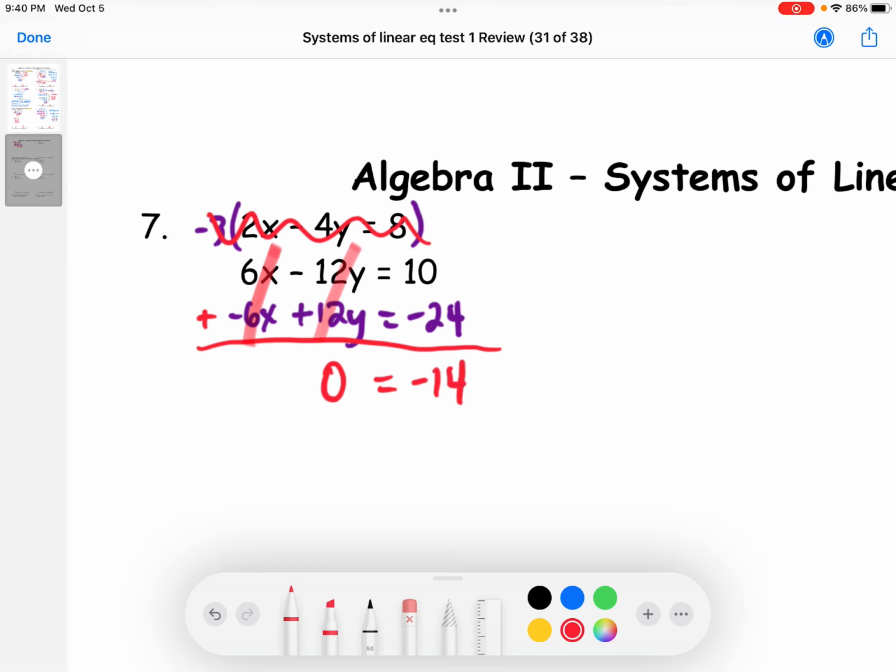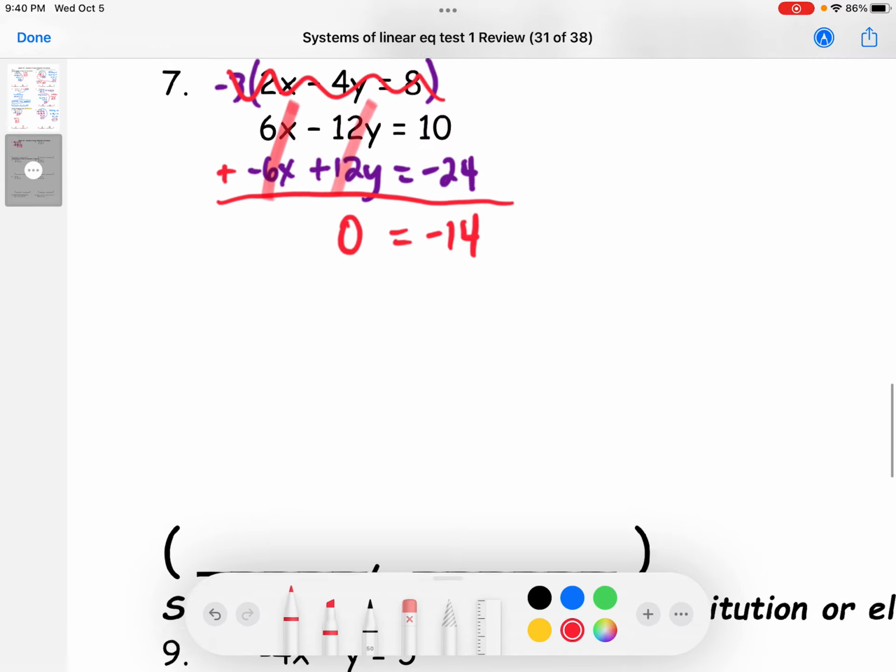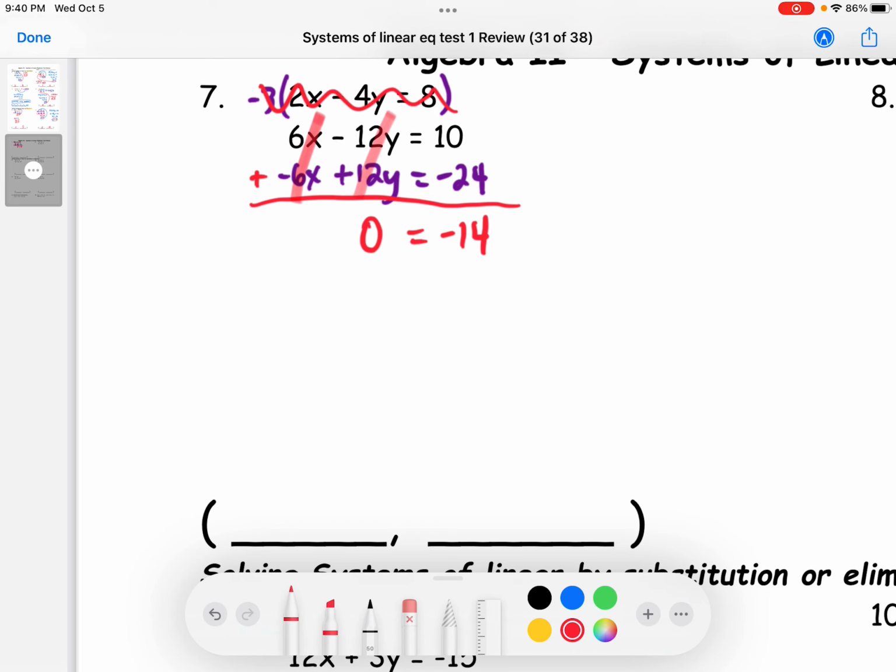So we look at this and we ask ourselves, how in the world is 0 equal to negative 14? And the answer is that it's not. Okay, the simple answer is it's not equal to negative 14. That's not how math works, right? That's not how regular adding and subtracting real numbers works.